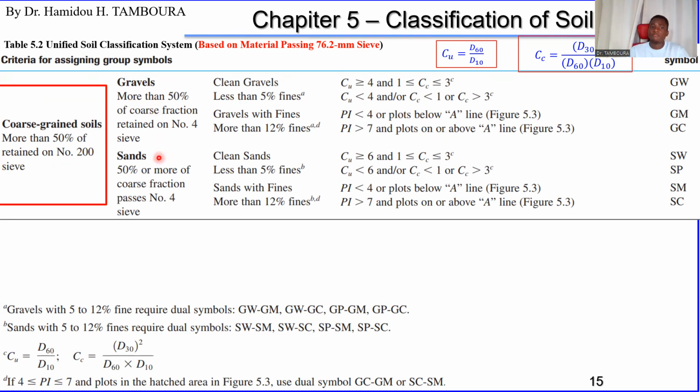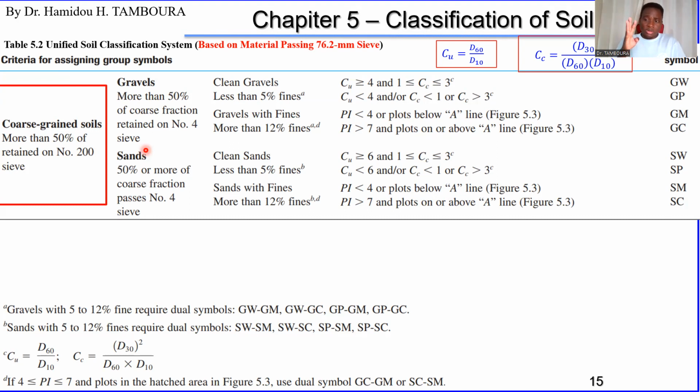But if 50 or more is passing, then you are dealing with sand. So we use the sieve number 200 to separate coarse-grained soil and fine-grained soil. This is the first step. And if you have coarse-grained soil, you have to separate if it is sand or gravel. To do that, you need the result of sieve number 4.